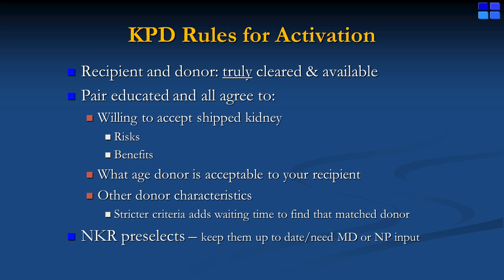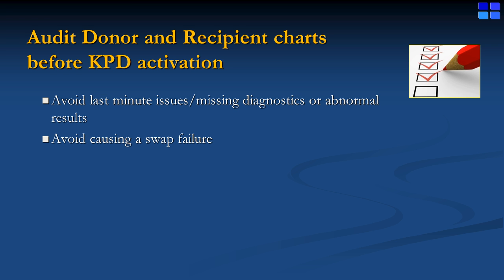This is all very important to discuss at the KPD education, because you're working for your payer. You want to explain to them what is possible. If they have stricter criteria, they're adding wait time. Sometimes recipients feel, well, my donor's 28, I want a 28-year-old kidney. That's fine, but you have to explain to them that they're adding registry wait time. When everything is balanced and explained to them, they may understand that that's not the most feasible thing.